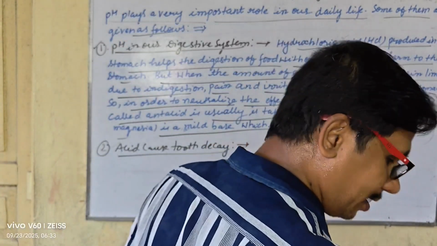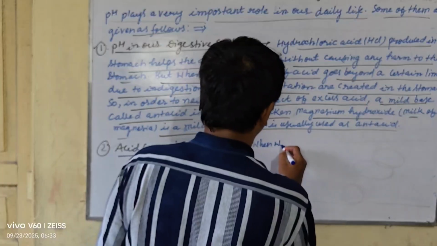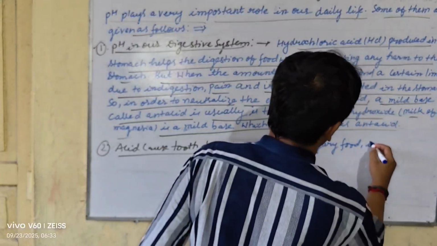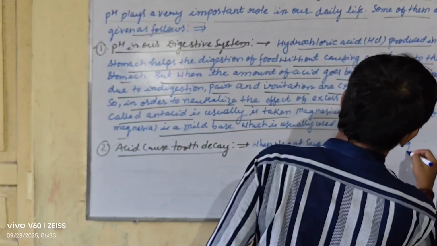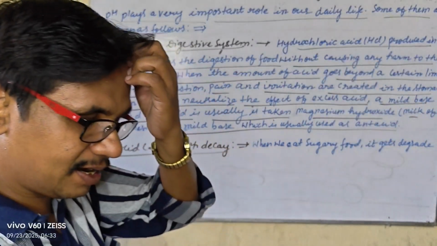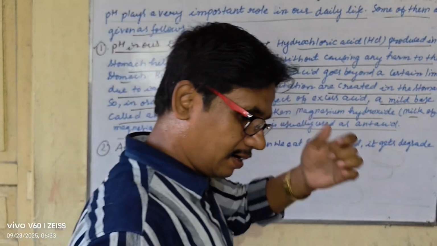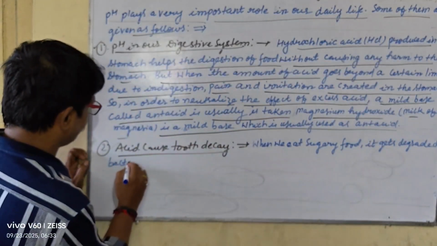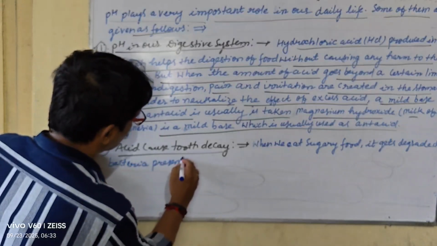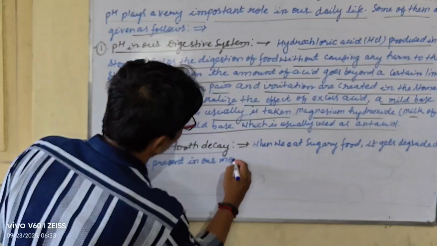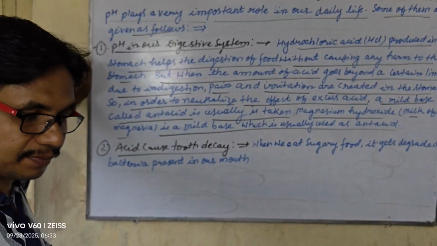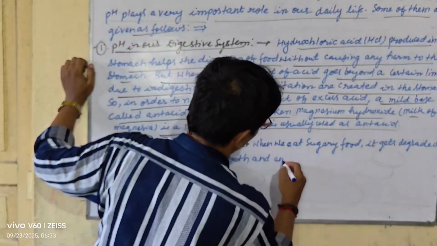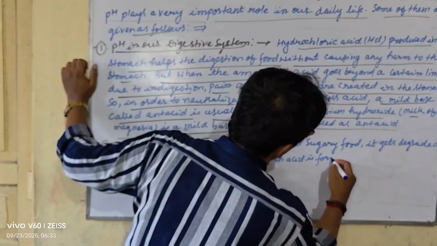When we eat sugary food, it gets degraded by bacteria present in our mouth and an acid is formed.